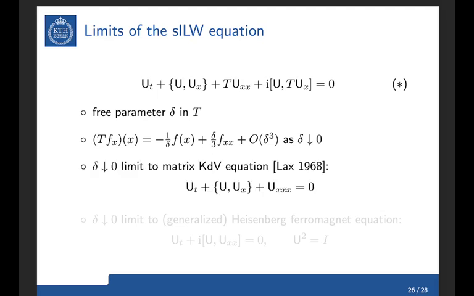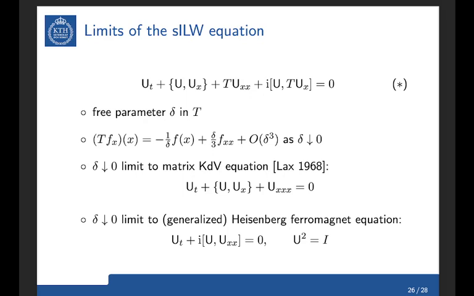One of these is perhaps expected. It's the matrix KdV equation, which actually goes back to Lax in his famous paper. But what's interesting is that we can also get the generalized Heisenberg ferromagnet equation out in a different delta to 0 limit, so a different rescaling of the dependent variable. And this can be reduced to the conventional Heisenberg ferromagnet equation.